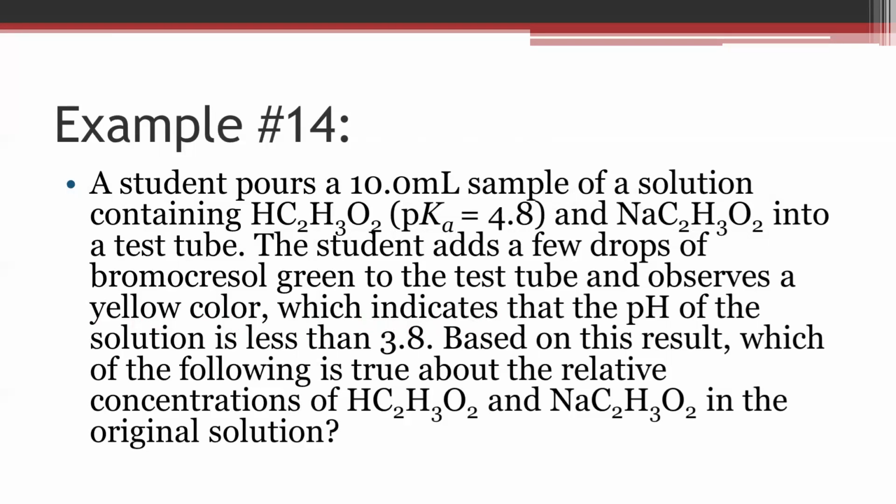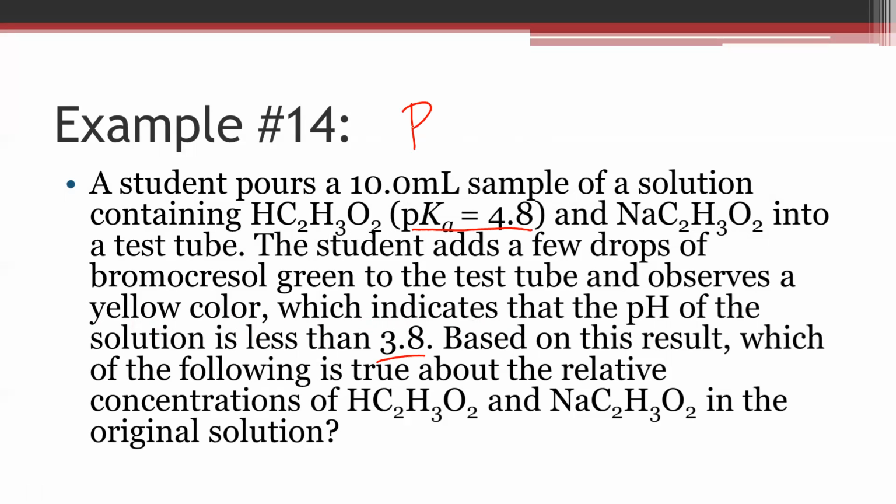Okay, well, just reading all of this before I even look at the selection choices, right now we know that the pKa is 4.8, okay? When the indicator is added, it indicates that the pH is less than 3.8.